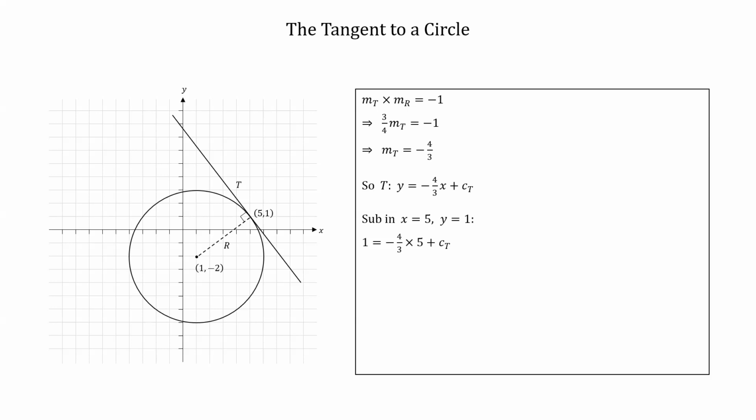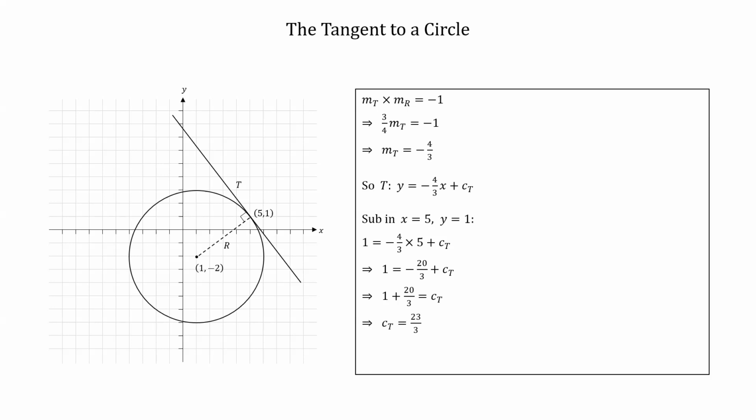What do we get? We get 1 = -4/3 times 5 + c_t. This gives us that 1 = -20/3 + c_t, which gives us that c_t = 1 + 20/3. So this is just rearranging this equation.